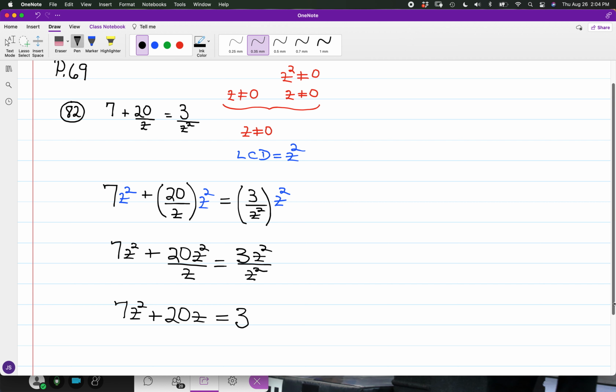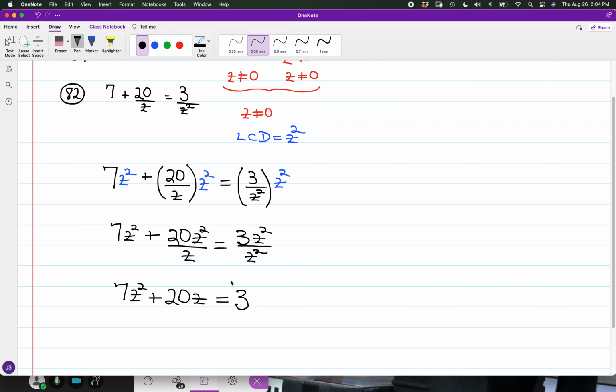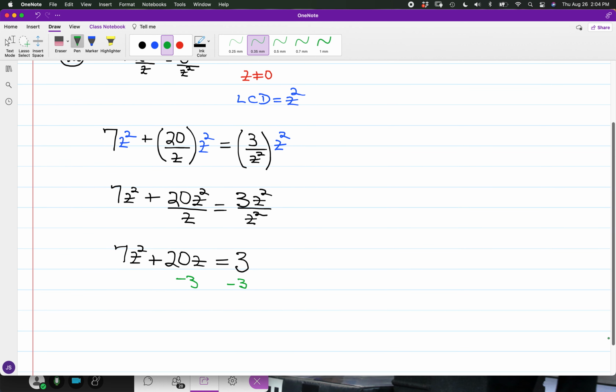Now, if I put this in standard form, I'm looking at setting the equation to 0. Moving the 3 over, I have 7z squared plus 20z minus 3 is equal to 0.